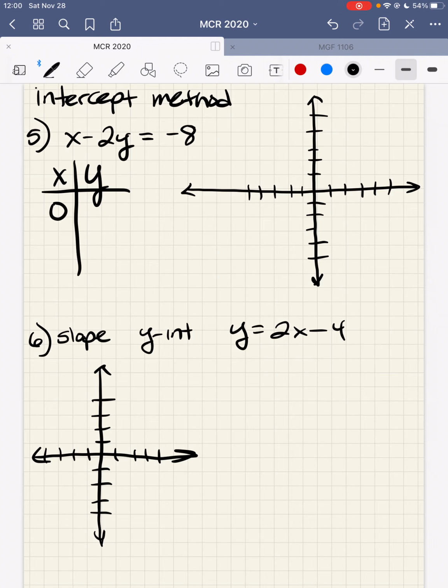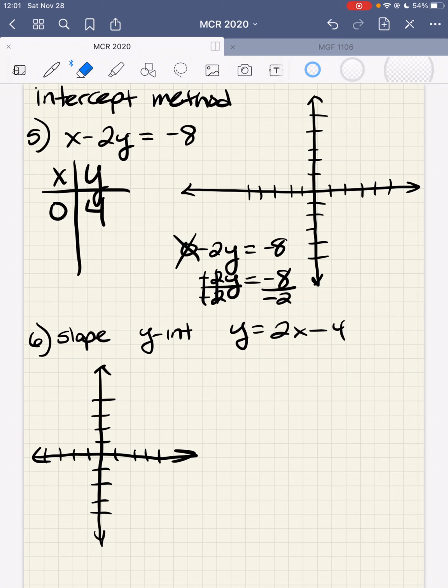So 0 minus 2y is equal to negative 8. The 0 is going to cancel, and I'm left with negative 2y equal to negative 8. Divide by negative 2 to get rid of the negative. Negative over negative is a positive, so y is equal to 4.